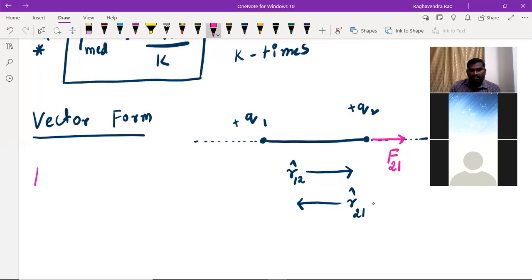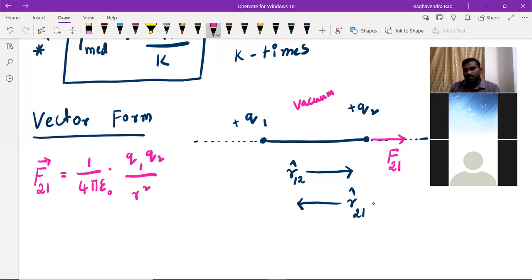That means F21 bar, if these two are placed in vacuum, is equal to 1 by 4 pi epsilon naught, Q1 Q2 by R square, into R12 cap. F21 bar is directed along the direction of R12 cap.